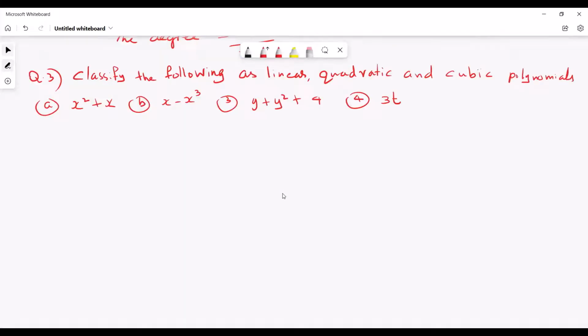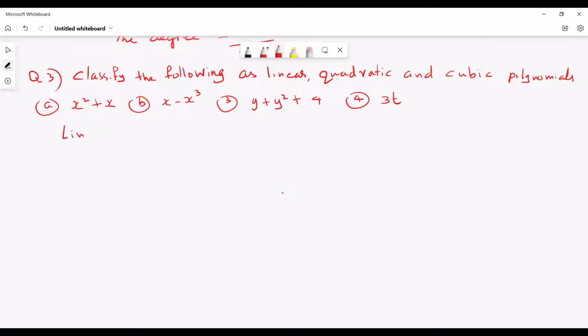Classify the following as linear, quadratic, and cubic polynomials is question number 3. Here, question number A is given as x square plus x, and I will write what is meant by linear, quadratic, and cubic first of all.